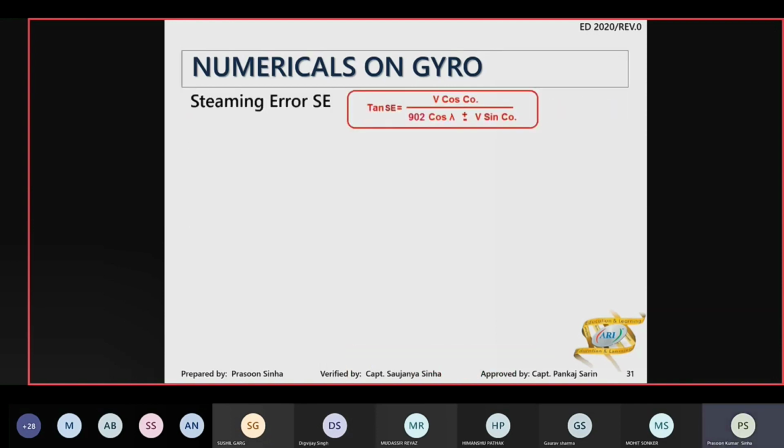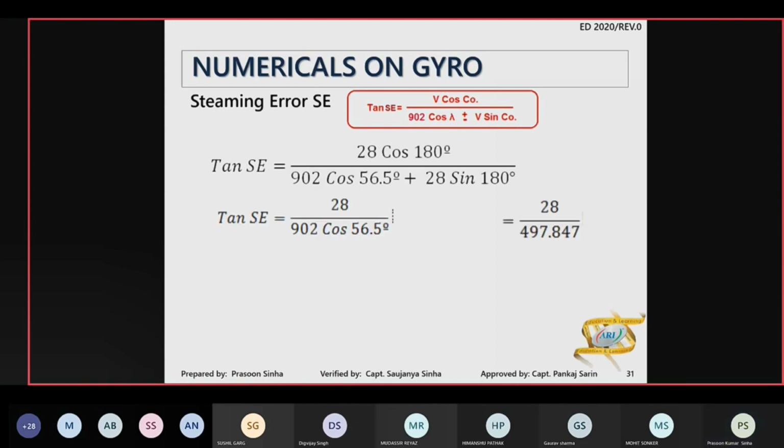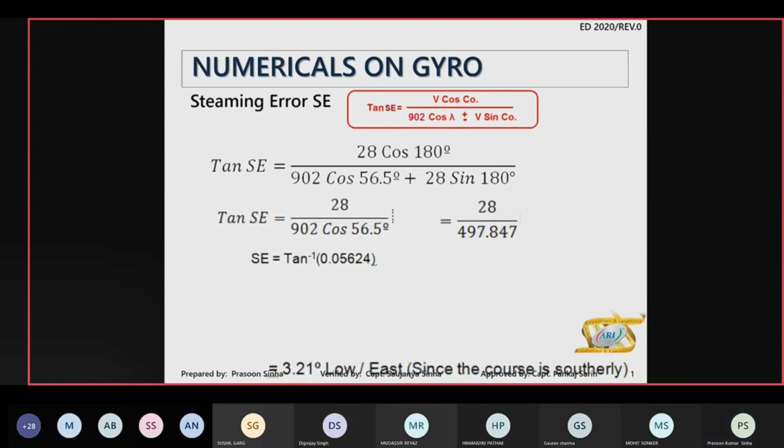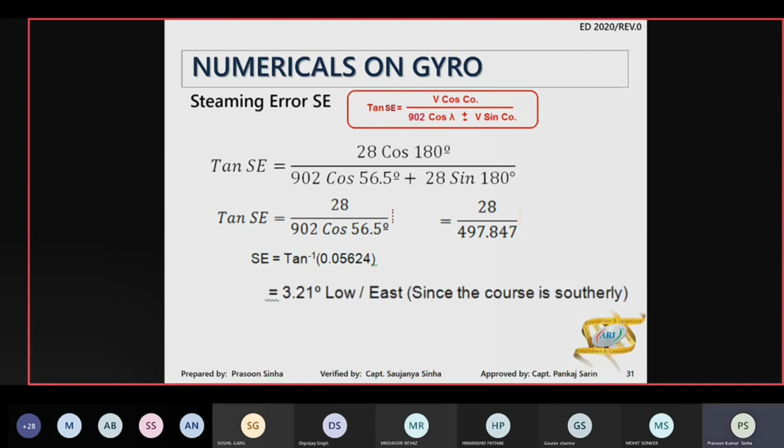So we calculate the steaming error. 3.21 degrees low. Please verify it. If you want to calculate, calculate it again yourself and check. Yes, sir. So 3.21 degrees low.